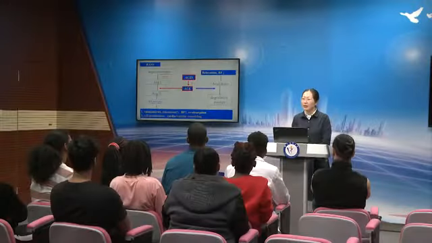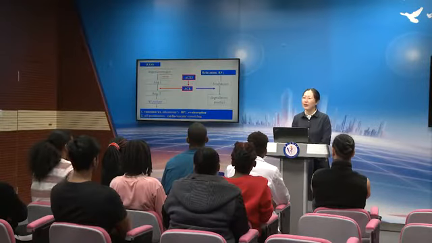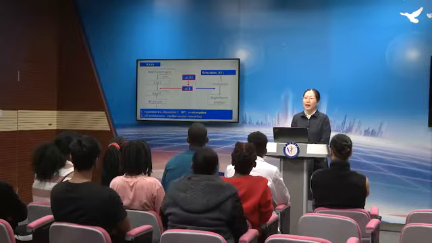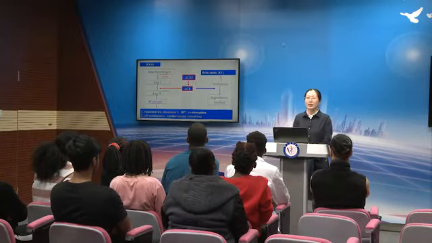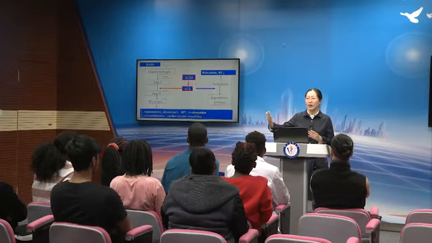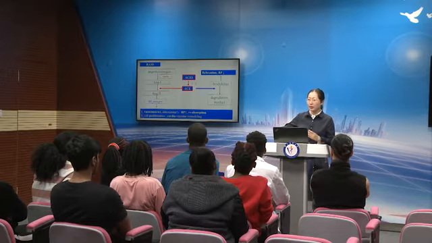Today we will study the first kind of drugs. We call them ACEI, angiotensin converting enzyme inhibitors. The prototypical agent is captopril. These drugs mainly inhibit angiotensin converting enzyme and then inhibit angiotensin 1 converting into angiotensin 2.